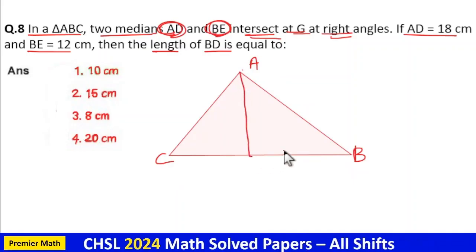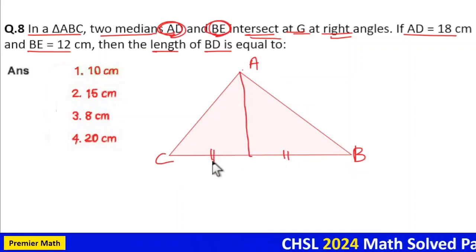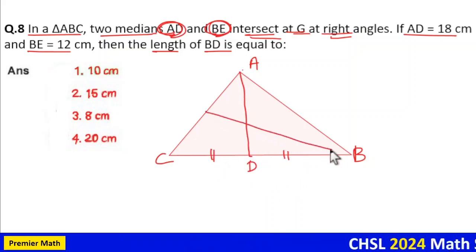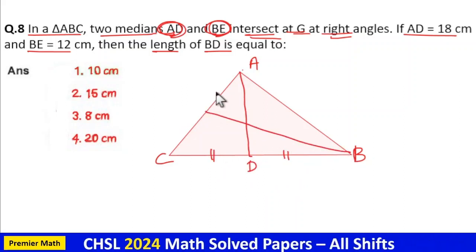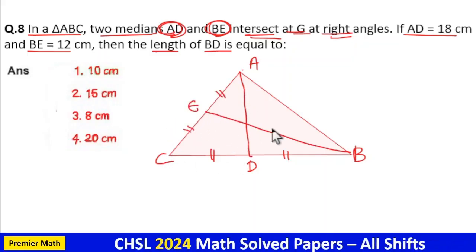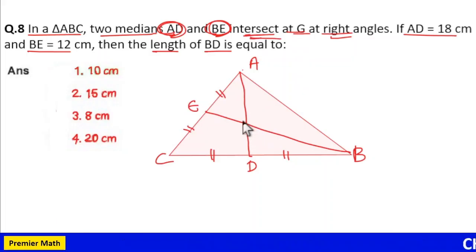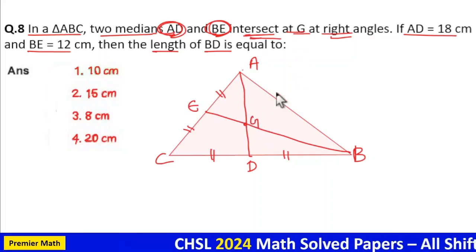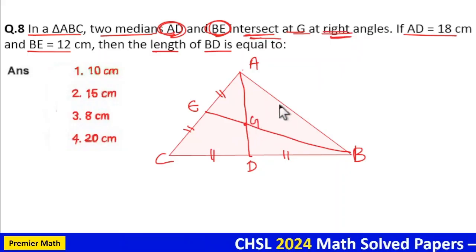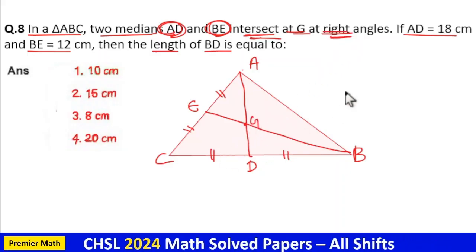A median always bisects the base. Now these two lengths are equal. This is AD. In the same way, BE is another median, which means these two lengths are equal. Now these two medians intersect at G, at right angles, which means the angle between the two medians is 90 degree.